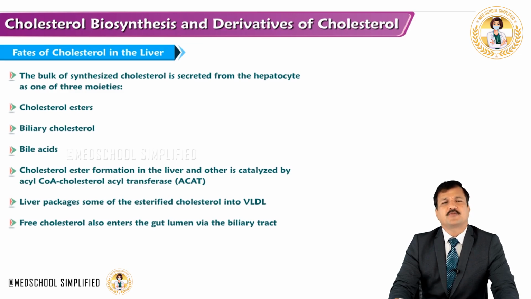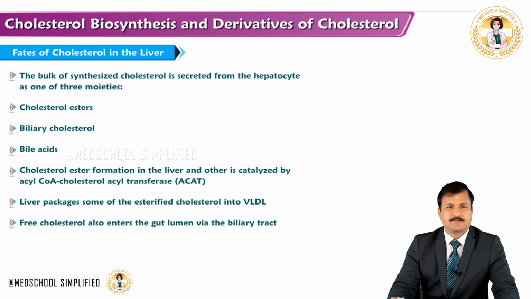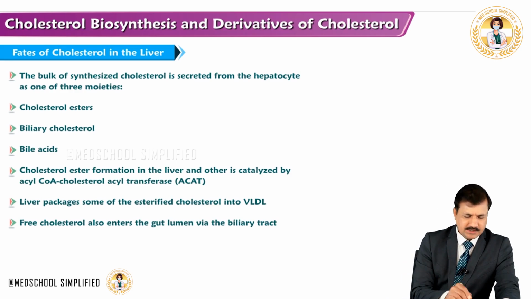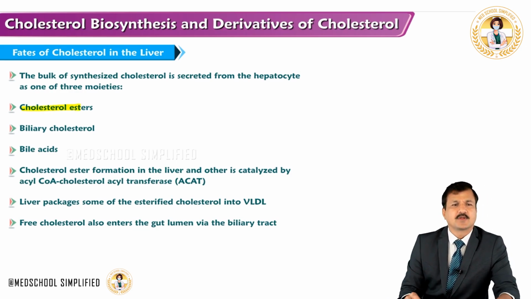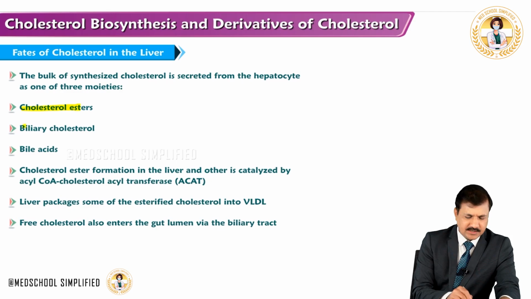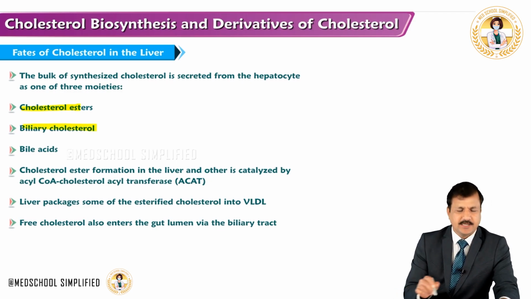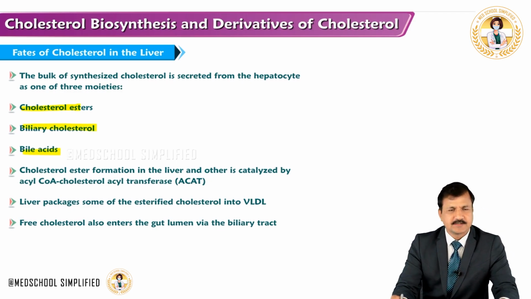The bulk of cholesterol synthesized in the liver can go into one of three fates: one is cholesterol ester formation, another is biliary cholesterol formation, and the third is bile acid synthesis.